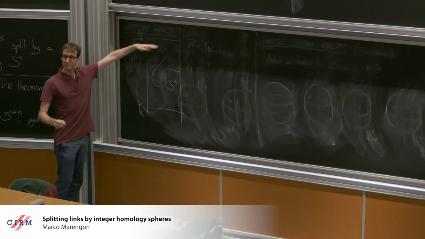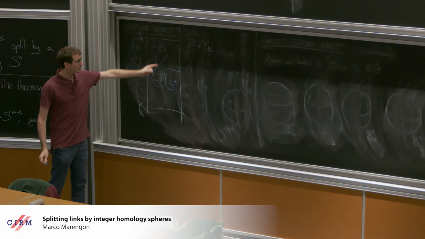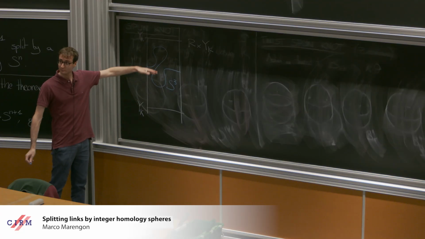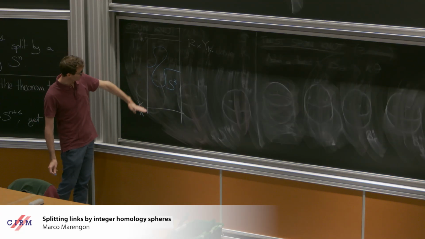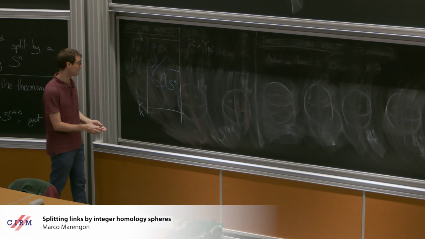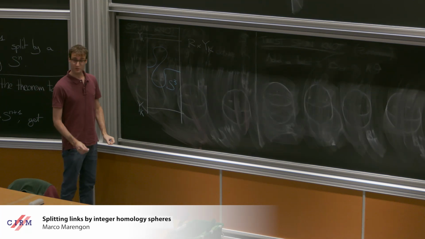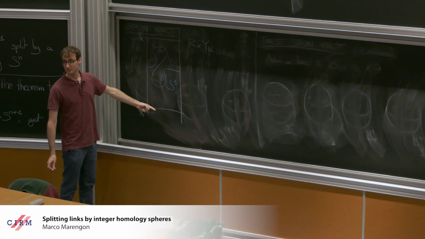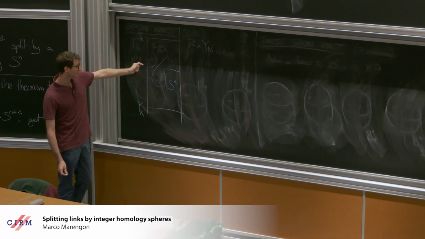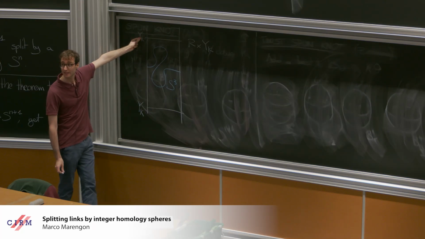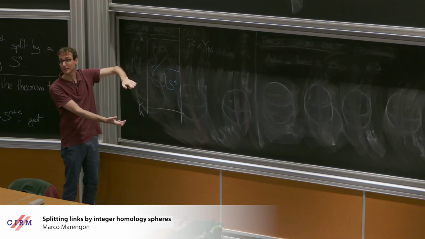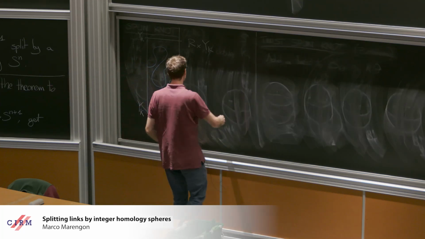So it is embedded in R cross Yk in the same homology class of Yk. So what this gives us, if you see it from this picture, is that we have two cobordisms, one from Yk to S3 and one from S3 to Yk, such that if you compose them, you get the identity cobordism.